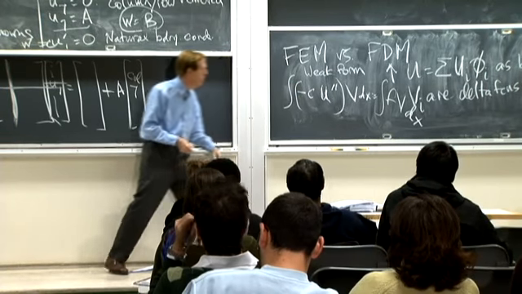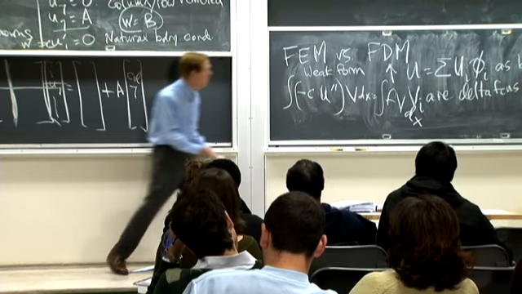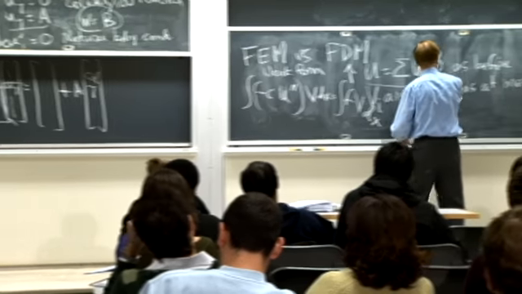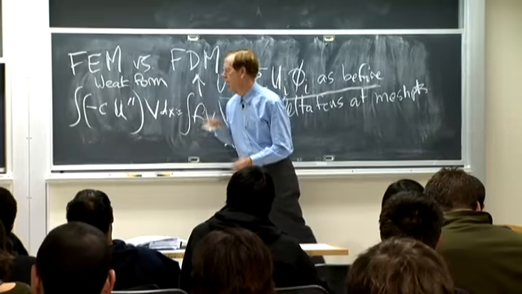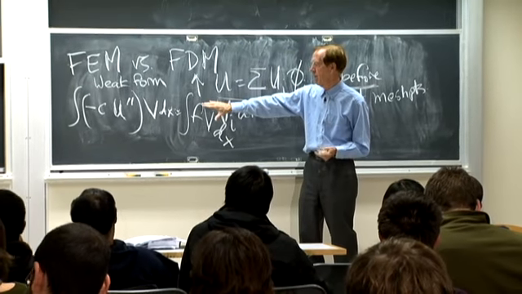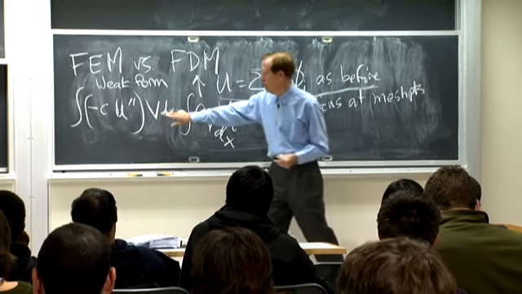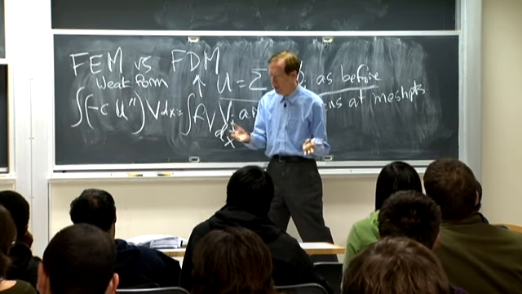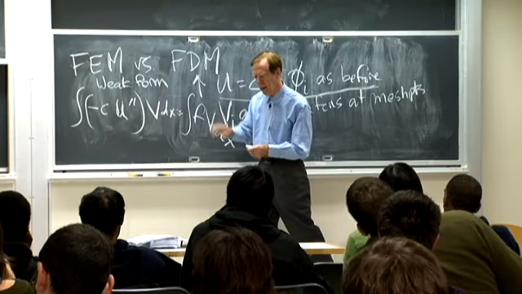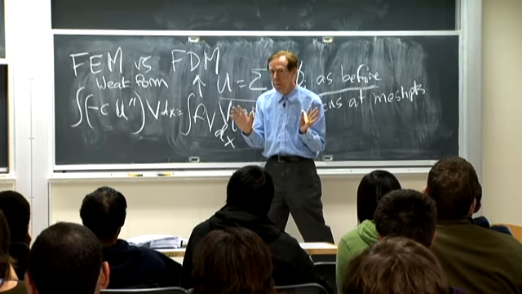Now, so again, what would I do? My u would be a combination, as always, of these. And what will I get for those integrals? Well, of course, if that's a delta function at a mesh point, when I integrate something against a delta function, what do I get?